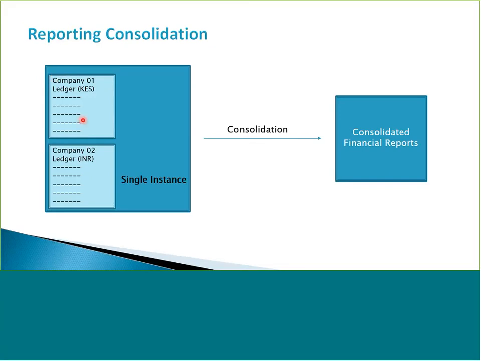Unlike in the data transfer consolidation, where all these things can differ, the chart of accounts, the calendar, and the currencies. For reporting consolidation, where you have two different ledgers, the only thing that can be different between those two ledgers is the currency. So the chart of accounts and the calendar have to be the same.